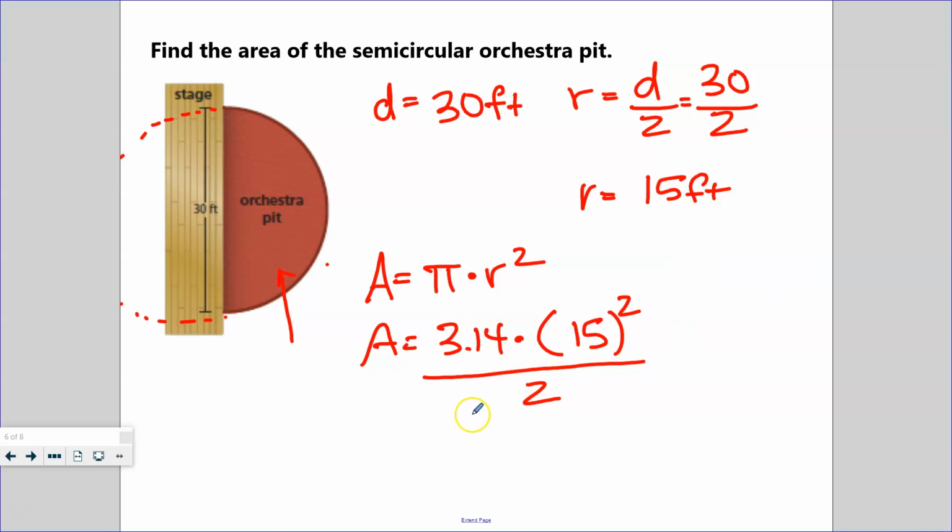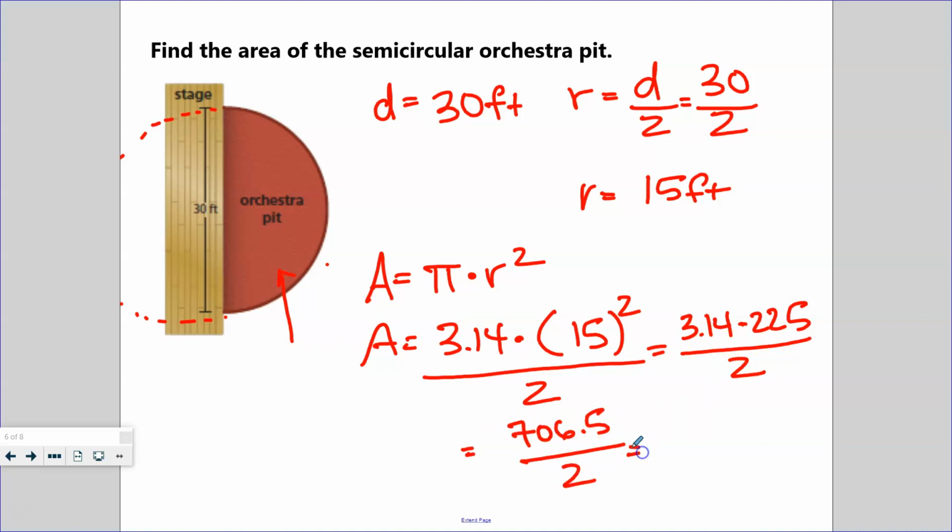So we have 15 times 15, 225, times 3.14, and we end up with 706.5 divided by 2, and we get 353.25 feet squared is this orchestra pit.